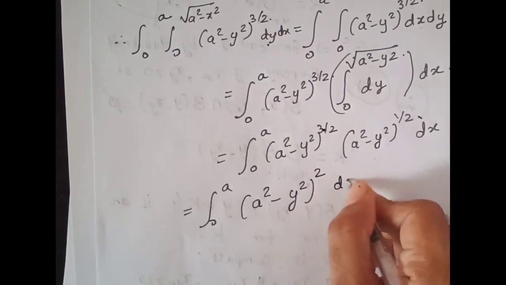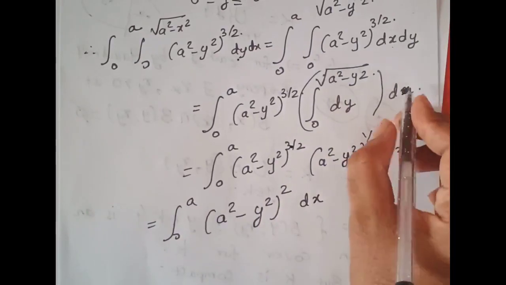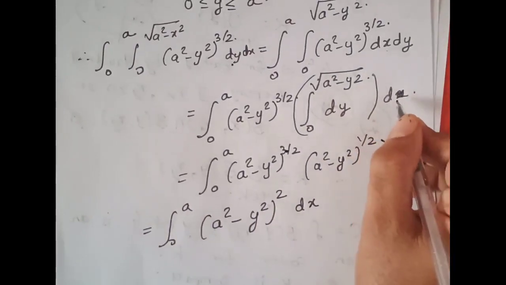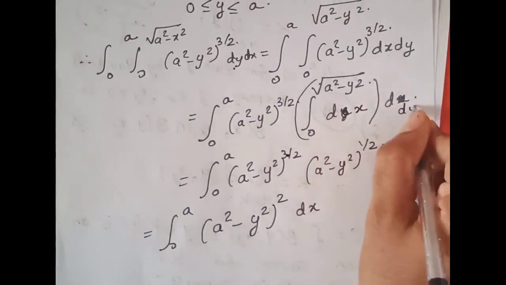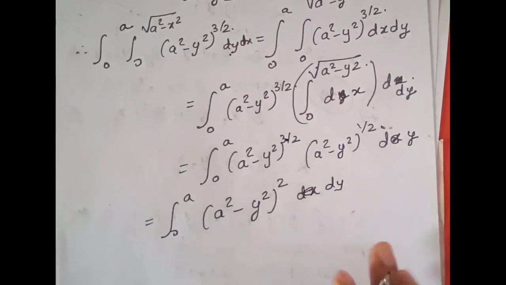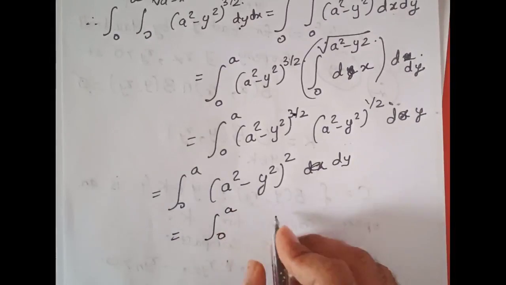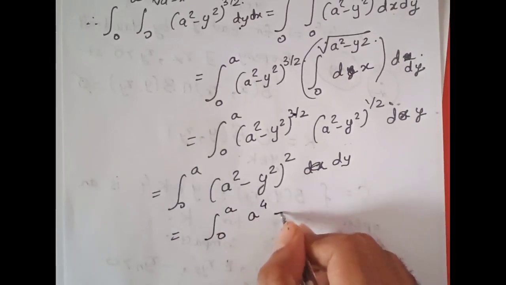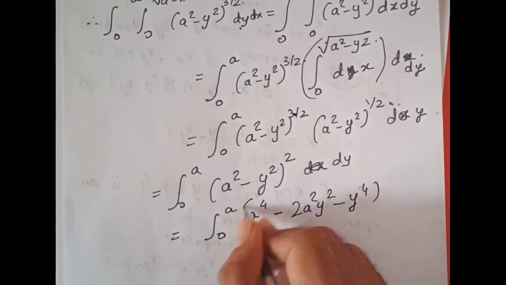So this will be 2 dy. Okay, sorry, this was dx, this will be dy. And that is nothing but, if we expand this, so that will be a raised to 4 minus 2 a square y square plus y raised to 4 dy.